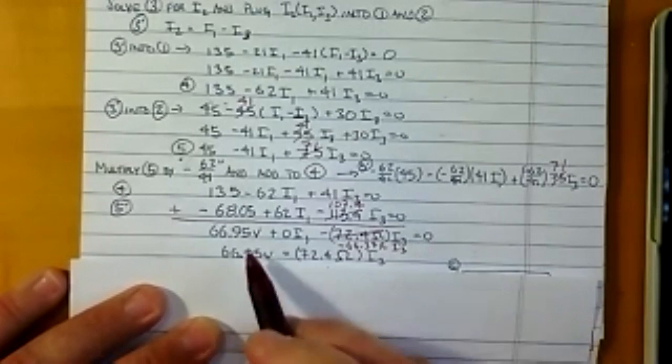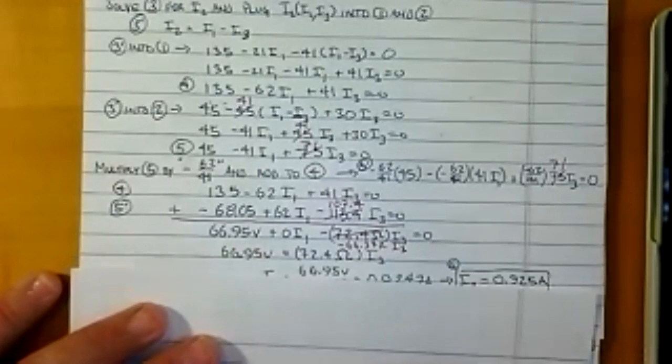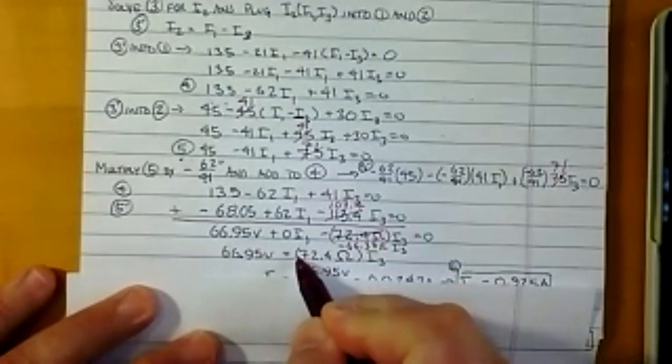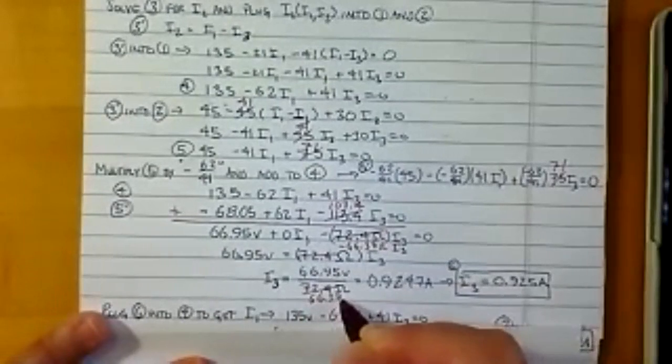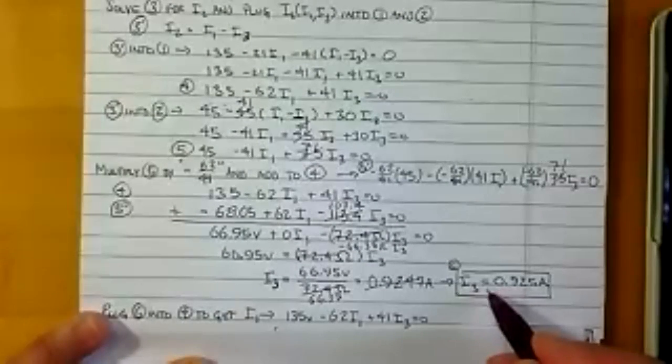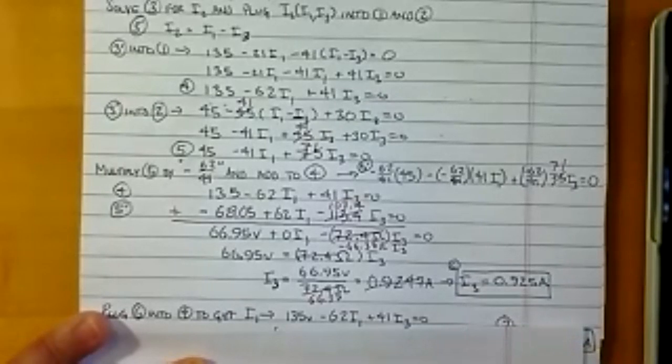So you should be keeping up with this with your own calculator. Remember, this video, you can just pause it at any time. Just make sure you can verify the numbers I come up with. So now, if I pull this term over here, it'll become positive, and this one will stay positive. So this is no longer 72.4, but 66.37. So let's do 66.95 divided by 66.37.